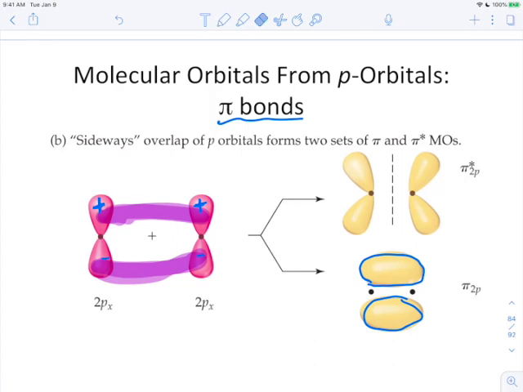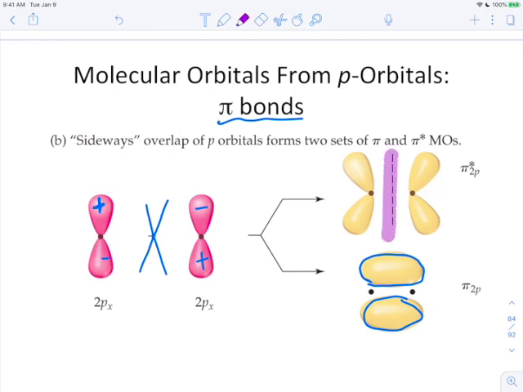And when the signs are misaligned, so if instead I have a negative and a positive, they do not want to get together, and that's when you see the node right down the middle. So any questions about this being our pi and our pi antibond? When the signs are aligned, then we get the bonding, and when the signs are misaligned, when they're opposite, then we get the antibonding.